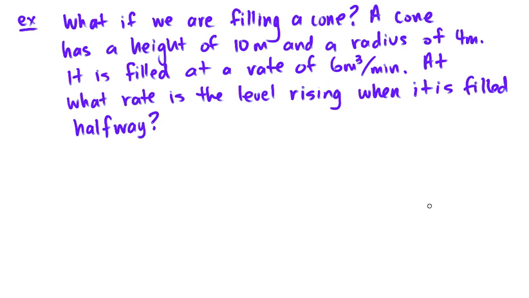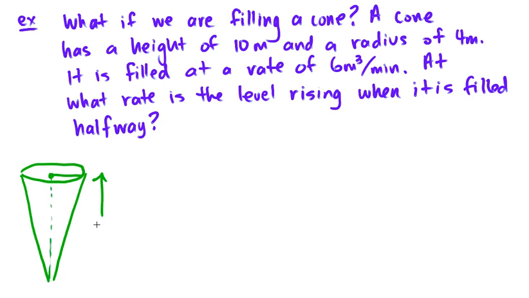So let's look at an example with that. Here's our scenario. A cone has a height of 10 meters, and as you're doing this, draw the picture as you're taking information out. So we've got a cone, and the height of this cone is 10 meters, and it's got a radius of 4 meters, and it's being filled with some liquid or sand or water or something, but it's being filled at a rate.